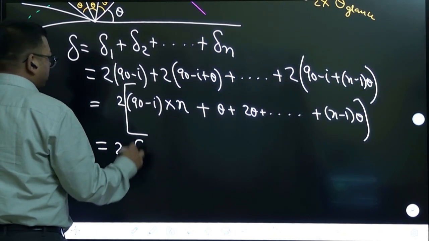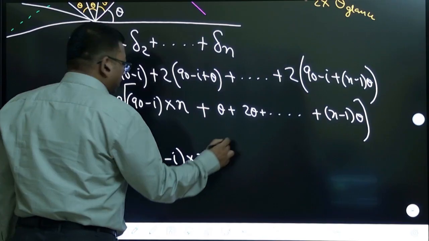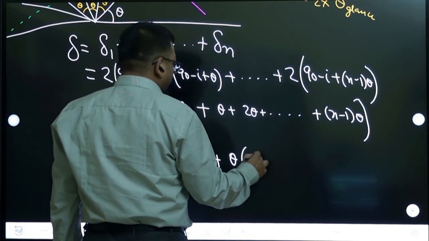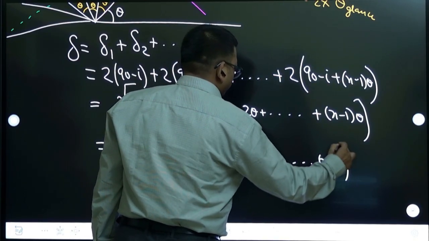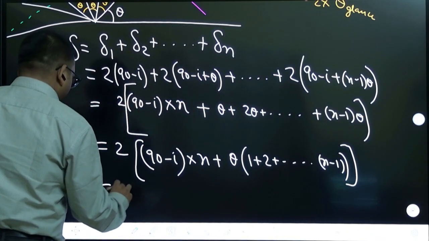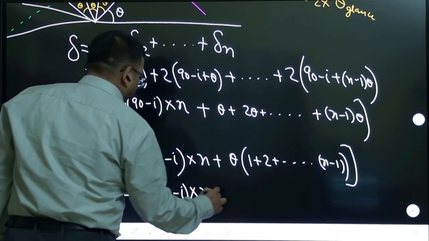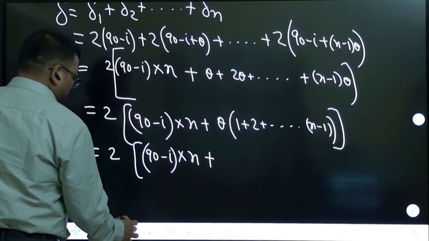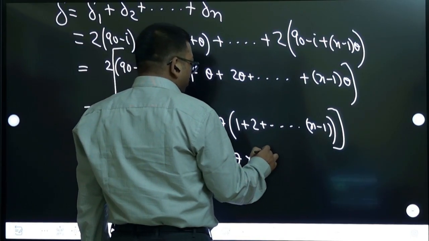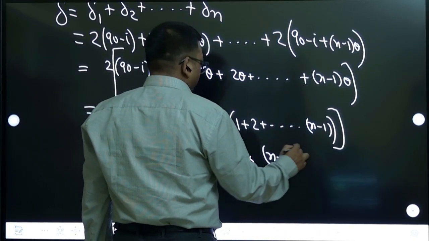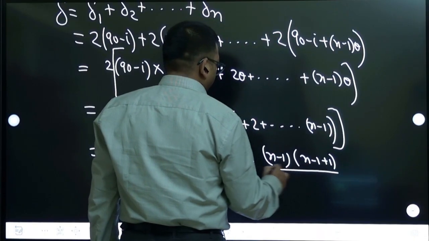So this will be 2 times (90 minus i) times n, plus here take theta common, so this will become an arithmetic progression up to n minus 1. The last term is n minus 1. So tell me what it will be: 2 times (90 minus i) times n plus, this is the sum of natural numbers, (n minus 1)(n minus 1 plus 1) by 2.